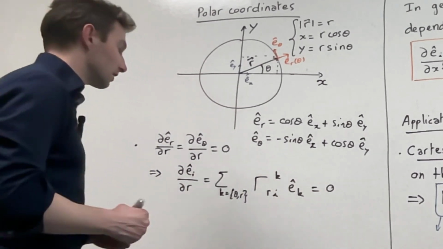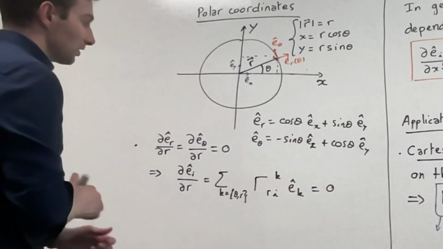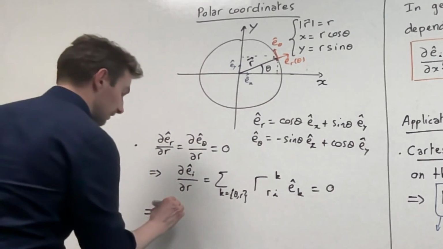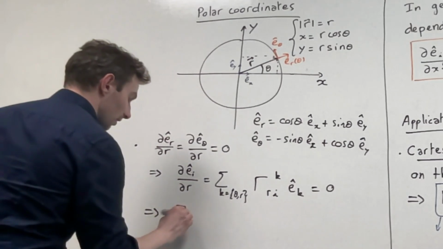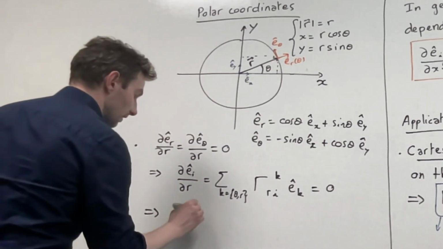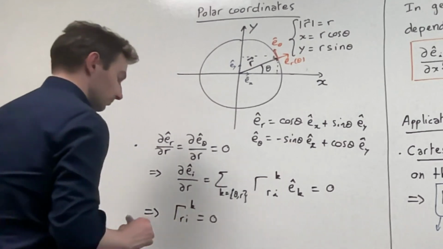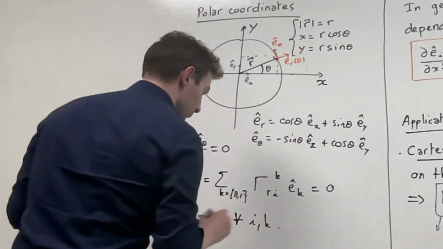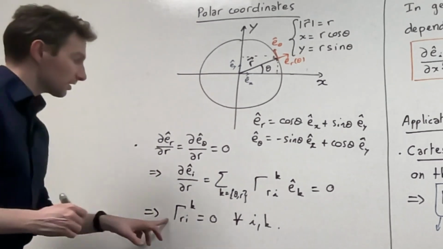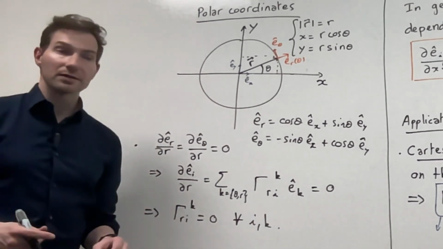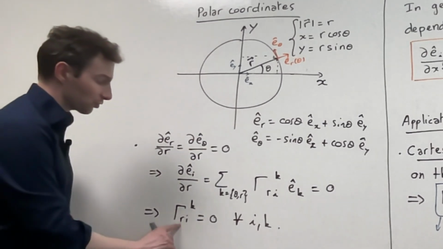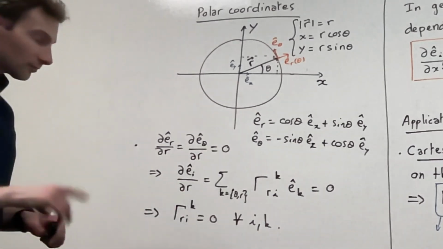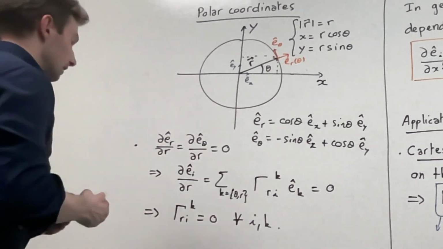So the only possibility is that gamma r i k is equal to 0, for any i and for any k. So that's the first thing we have, that these numbers are 0 if I put r as an index here.